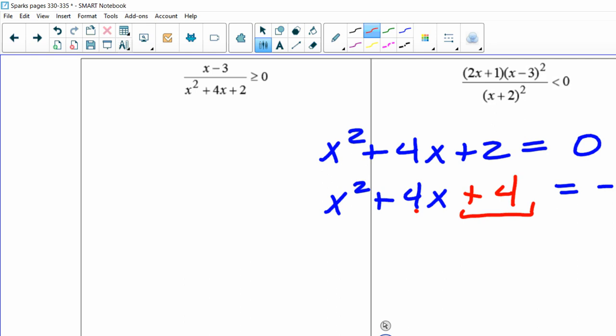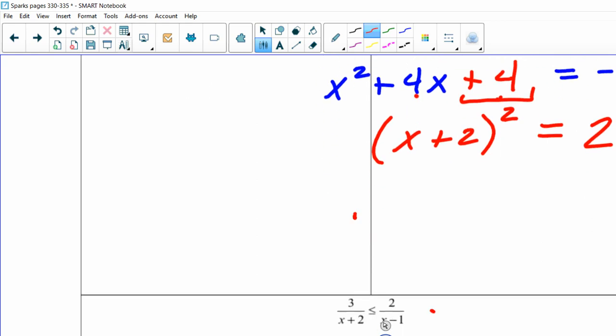Good. If I've put the correct number here, then this will factor into something times itself. And if I take the square root of both sides, equals what? Plus or minus the square root of 2.